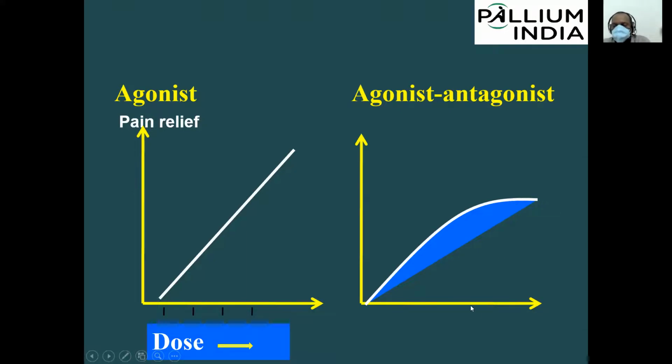So after this dose, even if you increase the dose of agonist and agonist, it will not give pain relief. This is known as ceiling effect for analgesia. There is a ceiling. So agonist and agonist group have a ceiling effect for analgesia, whereas agonist group doesn't have a ceiling effect for analgesia. So that is the main difference between these two groups.